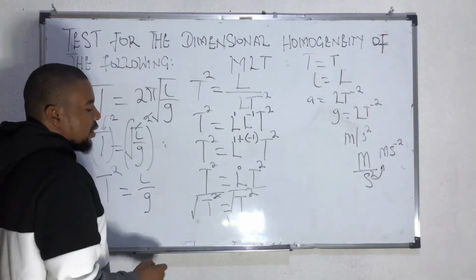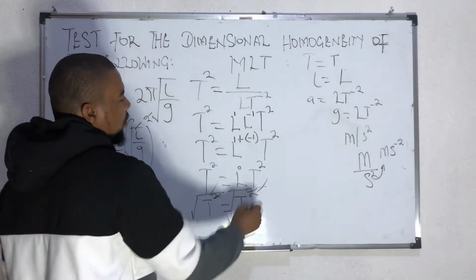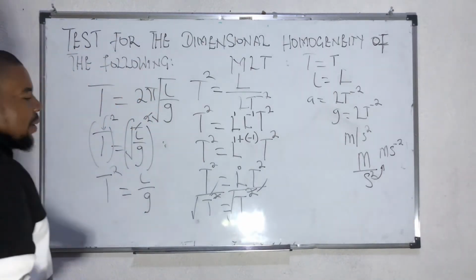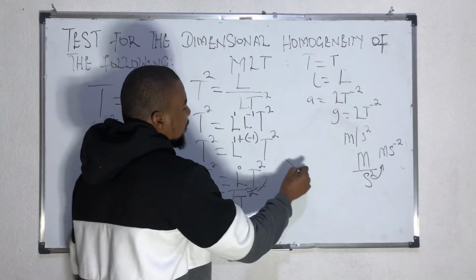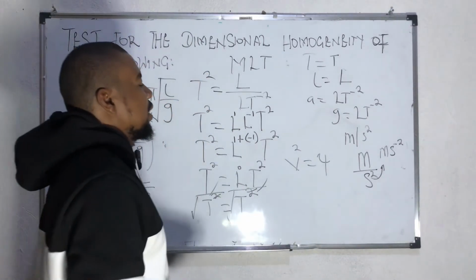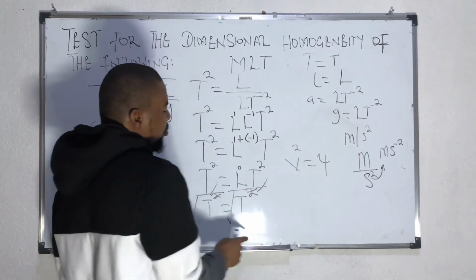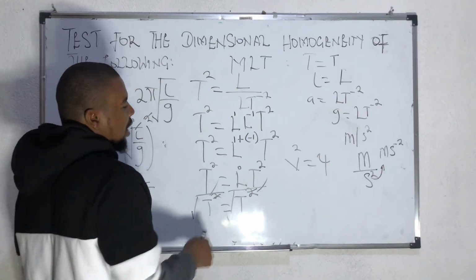This square mathematically can cancel out with this. This also cancels out with this. Now, why am I doing this? For example, let's say you have v squared equals 4. Now, you can't just leave this like this. You have to solve for v. I'm showing you why the squares are canceling out.